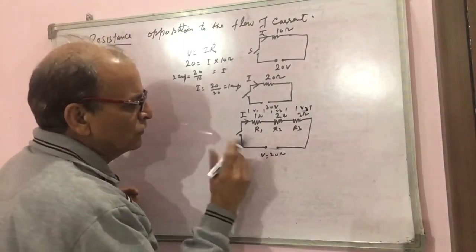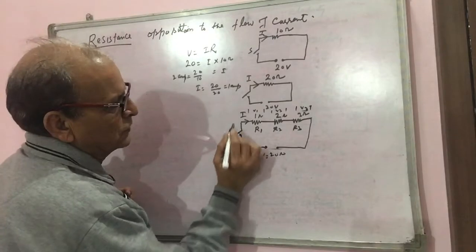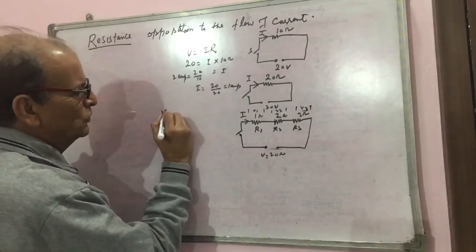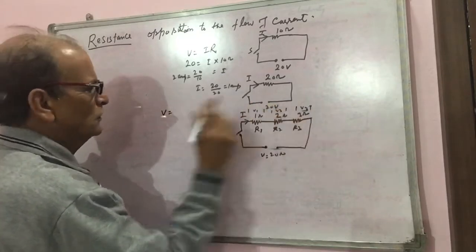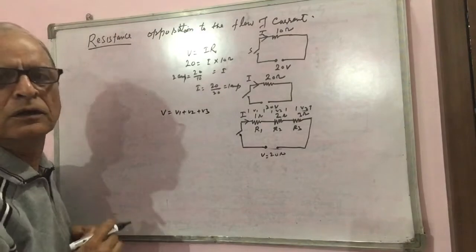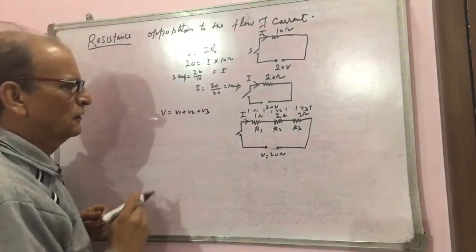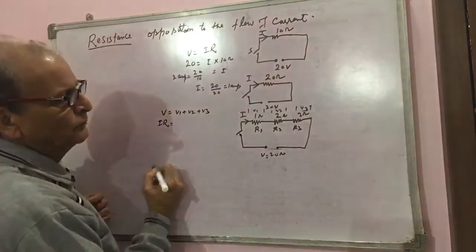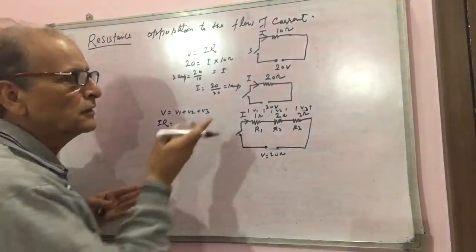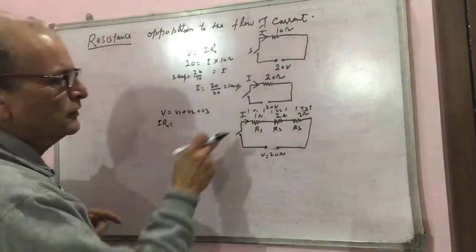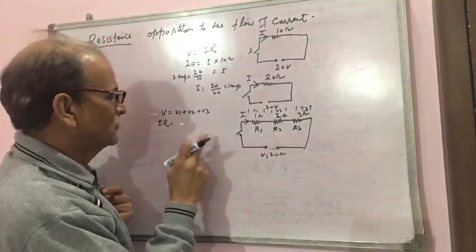The total voltage is equal to the sum of the three voltages across R1, R2, R3. Now what is V? V is equal to IR with the help of Ohm's law. Current is the same: in a series circuit, the current will be the same throughout, in each resistance.